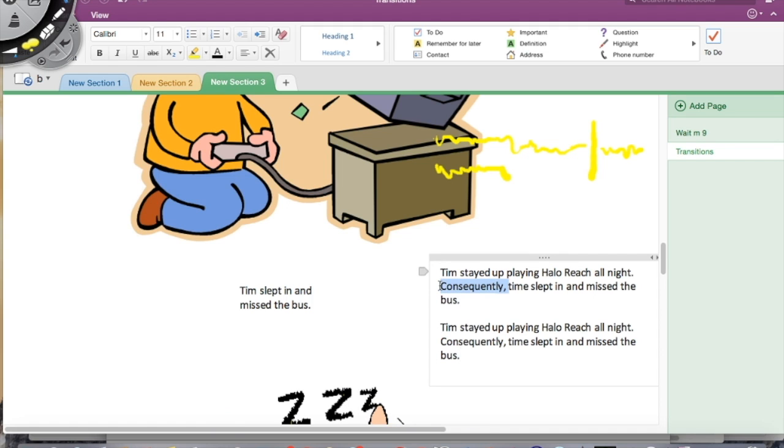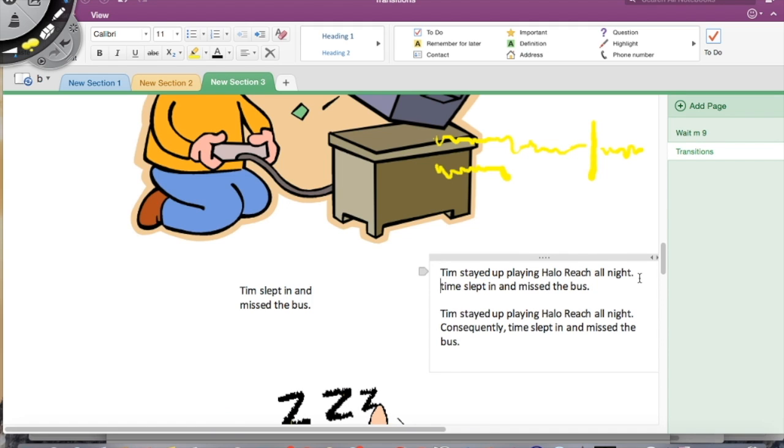So, let's look at the before and after. Before, we had Tim stayed up all night playing video games, and then Tim slept in and missed the bus. For me, that's hard to read because it's so choppy, right?